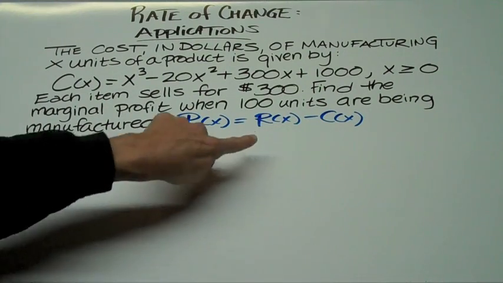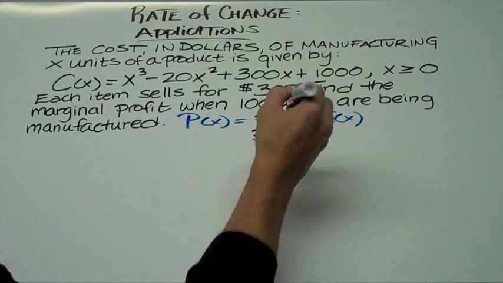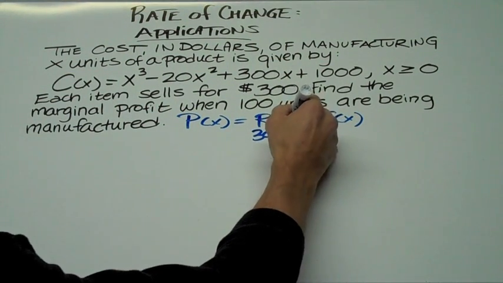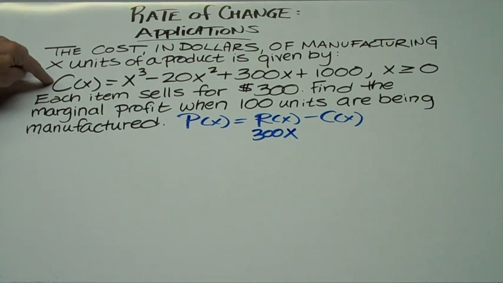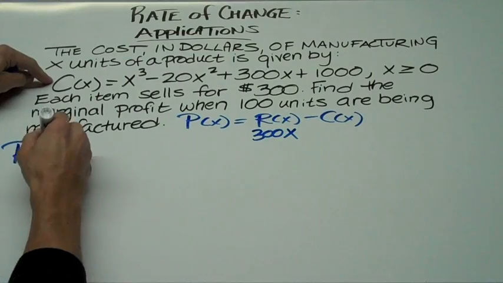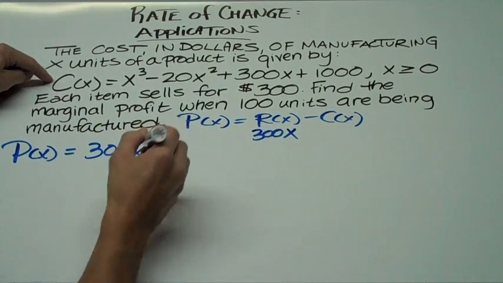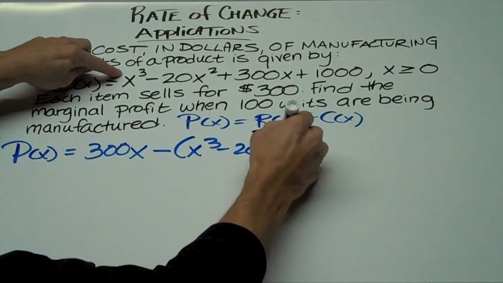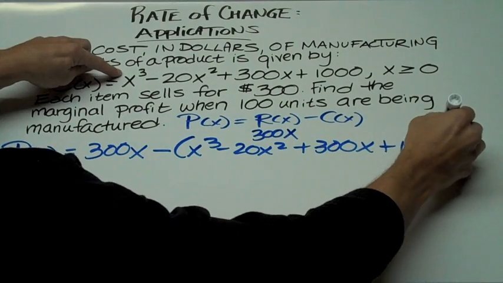We know that revenue is going to be $300 per item, so 300 times the number of items gives us 300x. We know that x is the number of items, and we also know the cost. So we can set profit equal to the revenue minus the cost, which is 300x minus the quantity x cubed minus 20x squared plus 300x plus 1000.